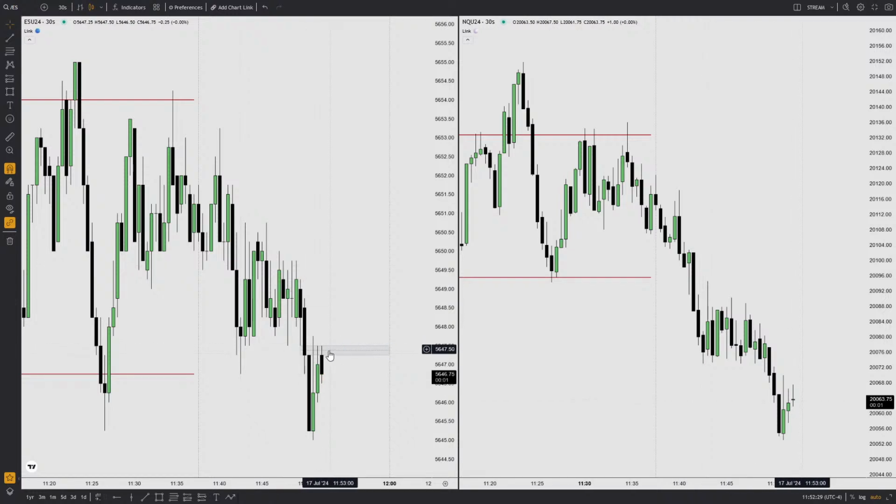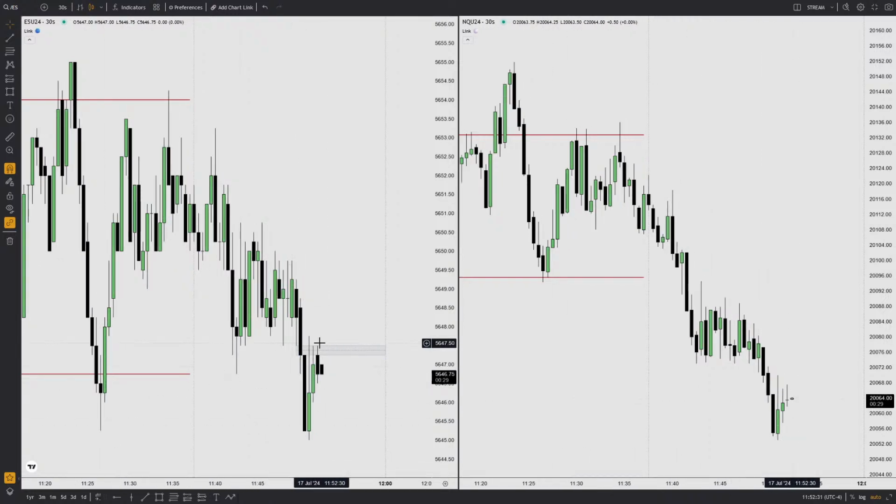Taking this short entry very near to the lows is a very risky thing to do because it can just wipe you out in one 30-second candle. So I'm just going to be staying on the sidelines and I'll wait and watch where we close on the 6 hours time frame.